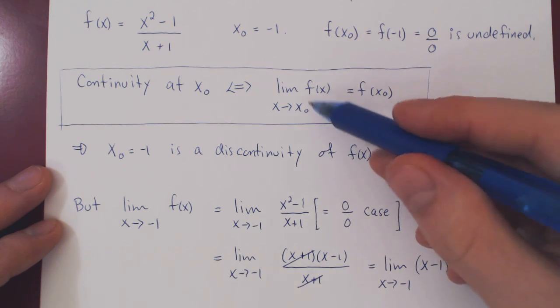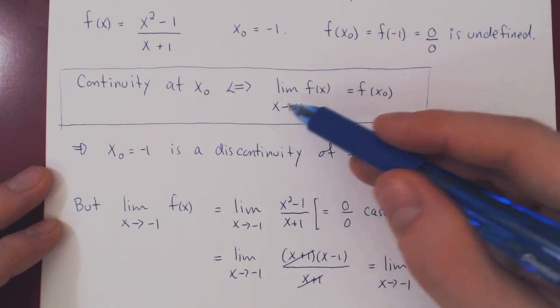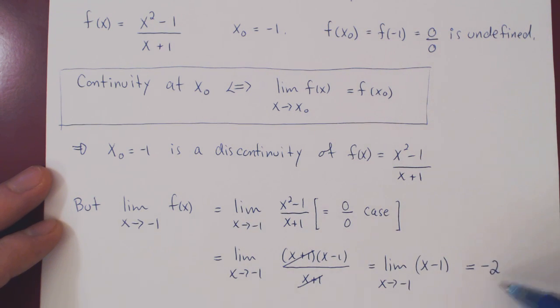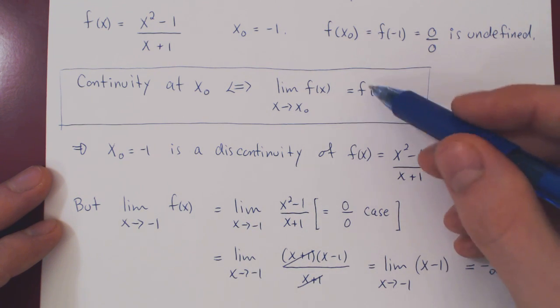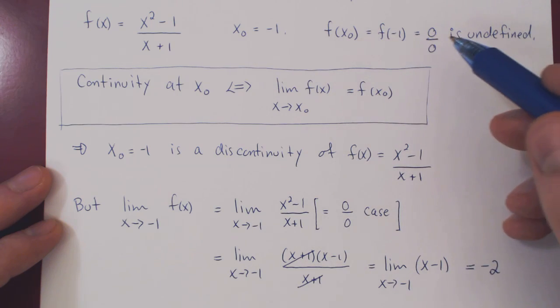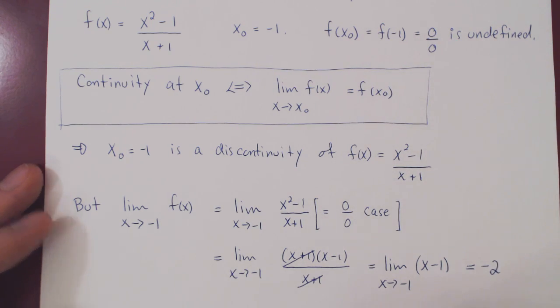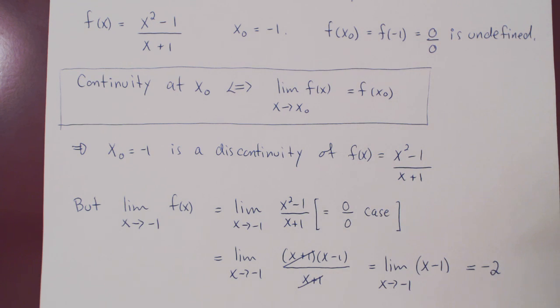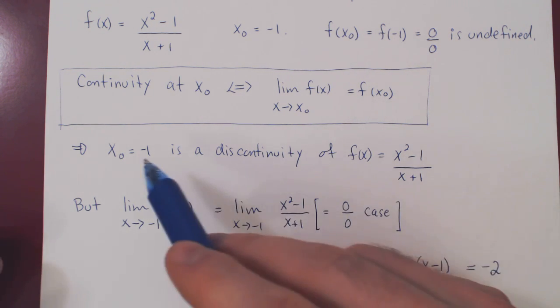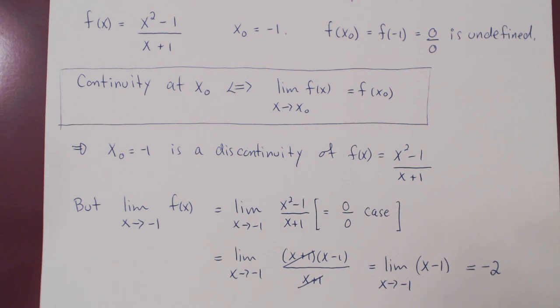And so you see the limit of the function as x approaches negative 1 does exist. The only problem here is the function is undefined at negative 1. Let's graph this and see why we may classify this discontinuity as removable.